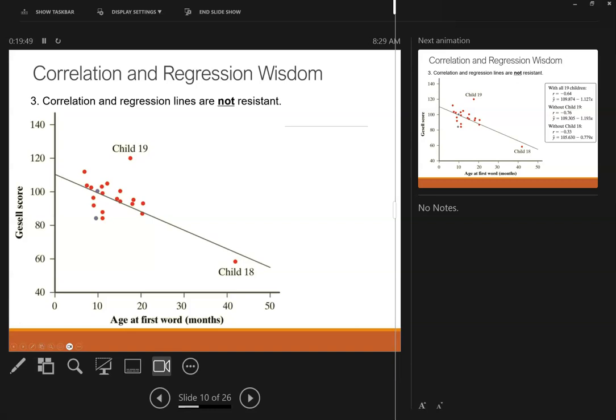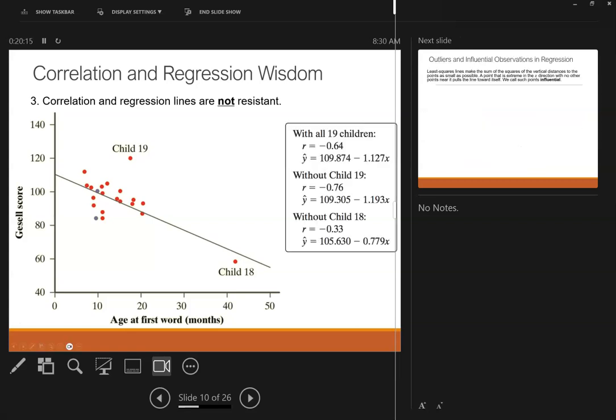This kid here, child 19, and this kid over here, child 18. What I want to talk about here is what the R and line of best fit look like if I include everybody, and if I throw out one outlier, the other, or both. Everybody's okay?